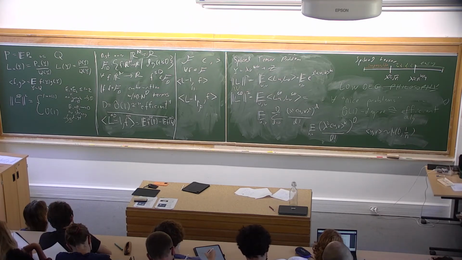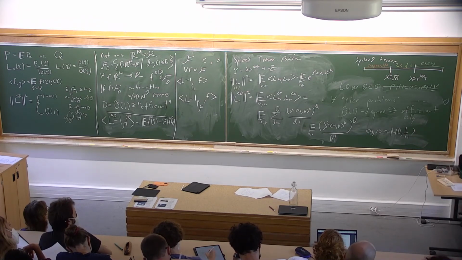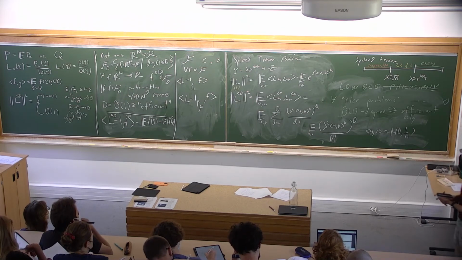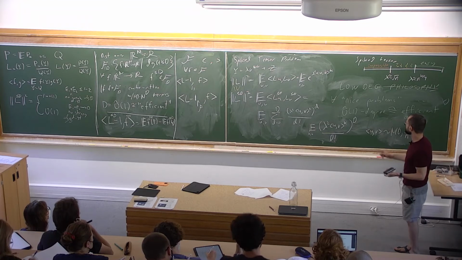And if k is a constant, a finite power, then up to some factors that depend on k, this is basically the expectation of ⟨U,V⟩ to the k.